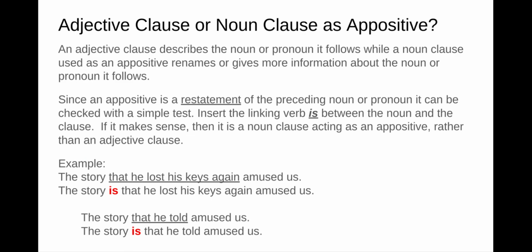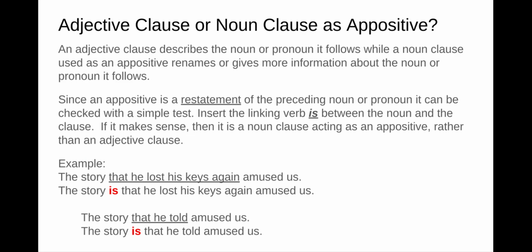Okay, so here's what I mean by that. In the first example, the sentence, the story that he lost his keys again amused us. We've got a clause in there, that he lost his keys again, and we need to know if that is an appositive or if it's an adjective clause. So what we do is we stick is in between story and that. If it makes sense, that makes it a restatement and makes it an appositive.